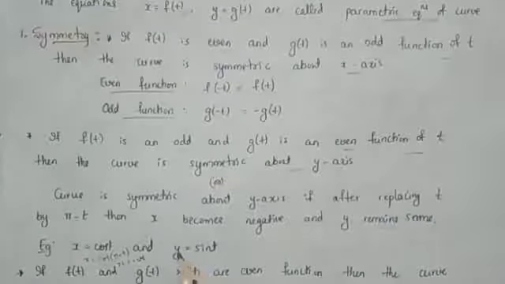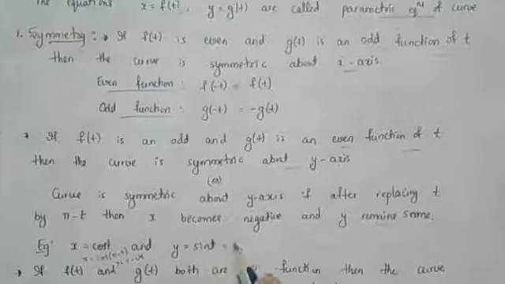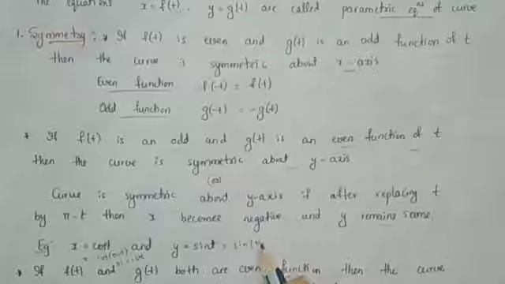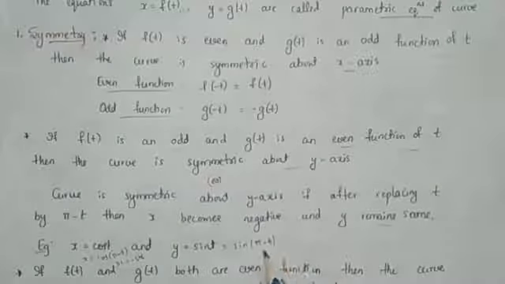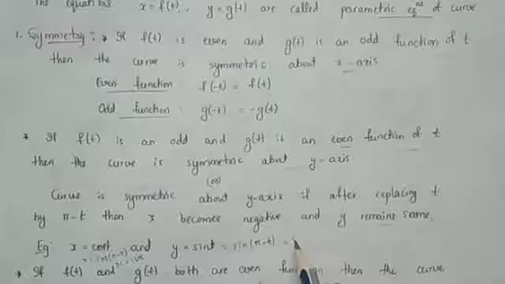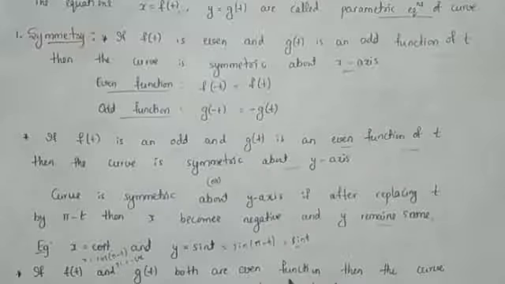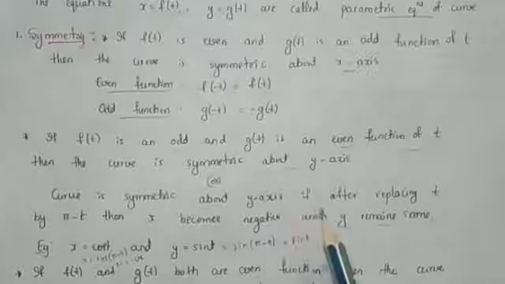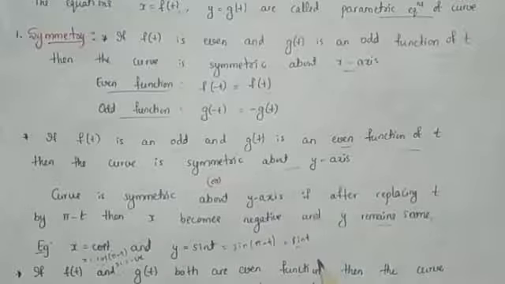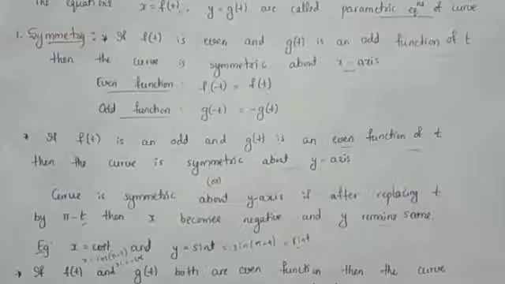And y is equal to sin t; replacing t by pi minus t, sin of pi minus t is nothing but sin t. You get the value of y remains the same. Therefore, the curve is symmetric about the y-axis after replacing t by pi minus t.